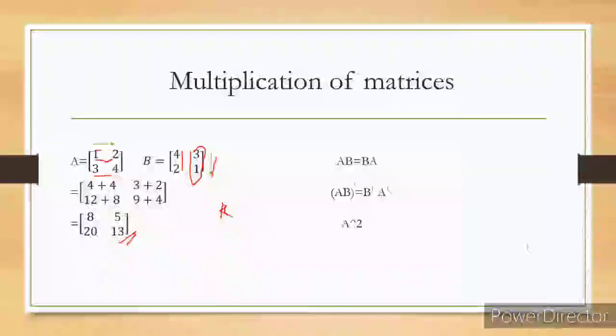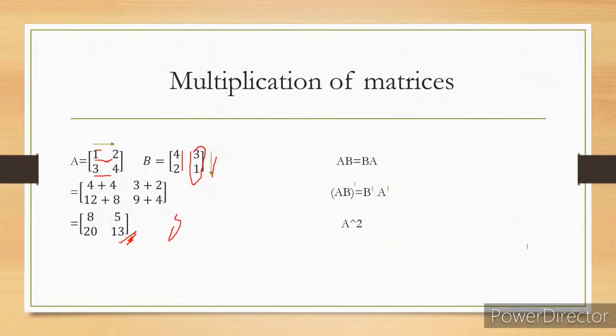Then next is A transpose and B transpose. AB transpose means first multiply, and this answer you'll get, then transpose this answer, meaning the row will become a column as usual.